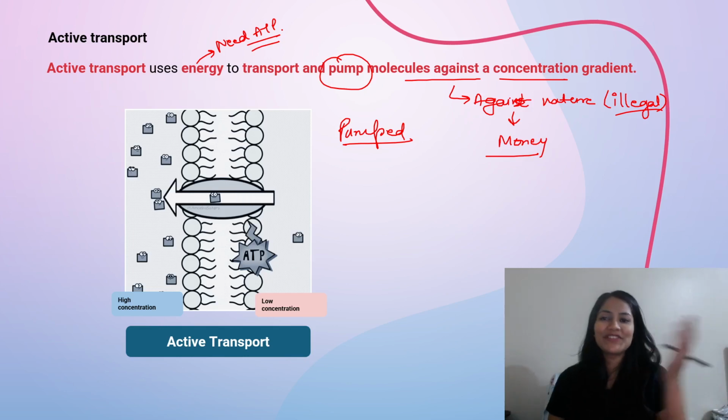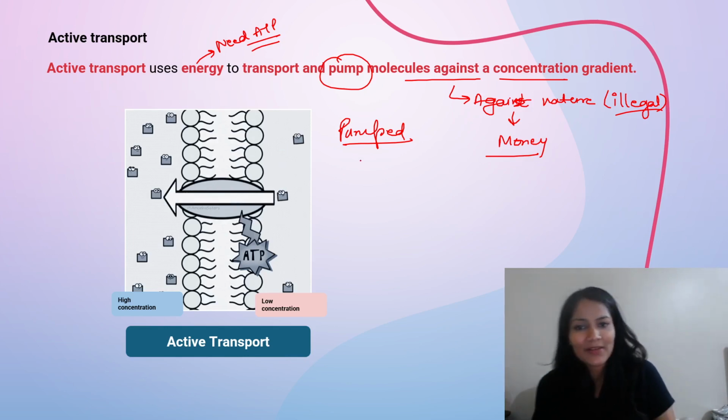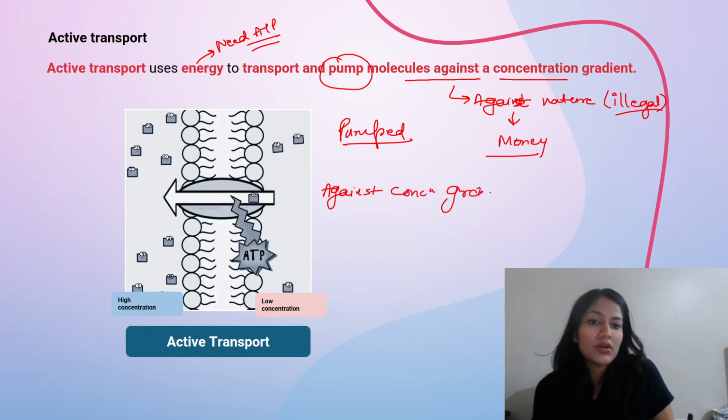Okay. So active transport uses energy to transport and pump molecules against the concentration gradient. Now, talking about against the concentration gradient, it can be written in some simple words.